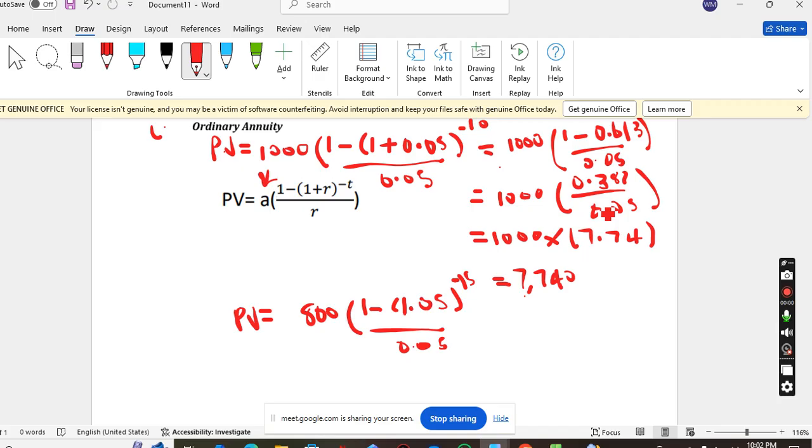Yes, we found 7,740. What about the others? Okay, because of rounding off differences.